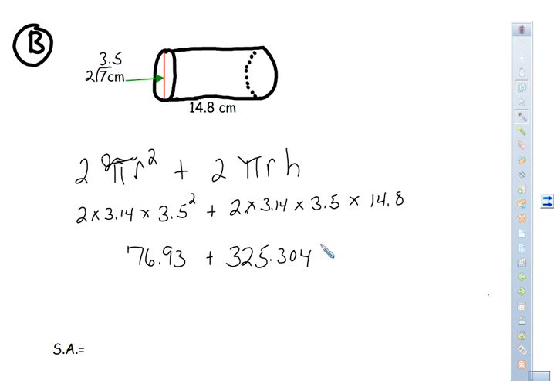We're going to add that to 76 93/100, and we get 402 234 thousandths. Again, rounding to the nearest tenths, so 402 2/10, and again centimeters, and it will be squared units of measurement because we are finding the area.